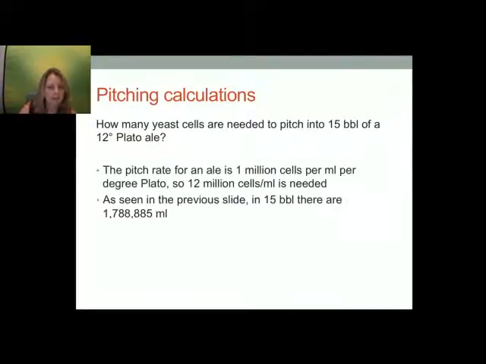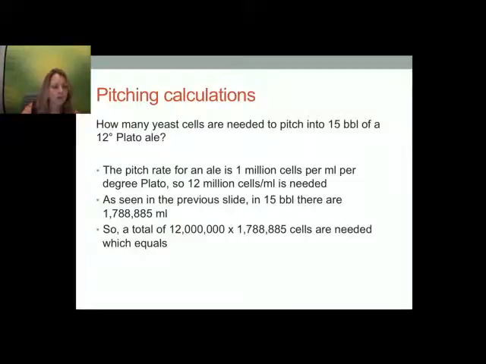As seen in the previous slide, we know that we have 1,788,885 milliliters in 15 barrels of beer. This is also an important number. So, in order to determine the total yeast cells needed to make this beer, we will multiply 12 million cells times the number of milliliters in this given example.